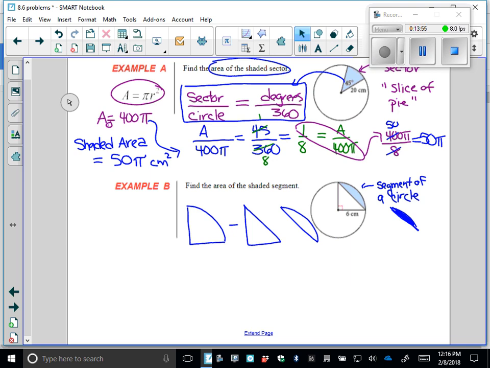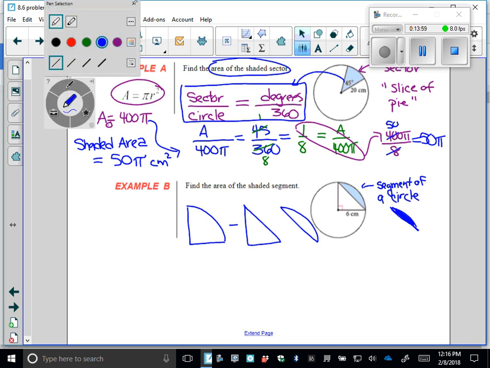So that's the strategy that I'm going to use to find this shaded area.